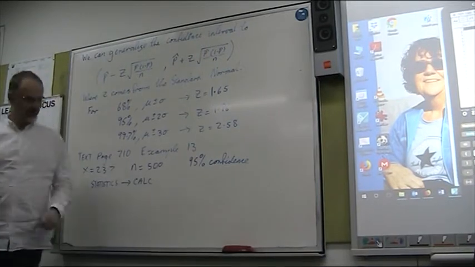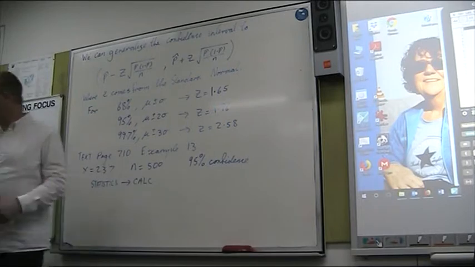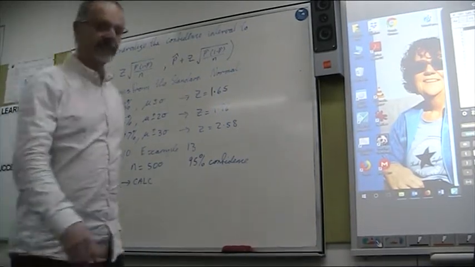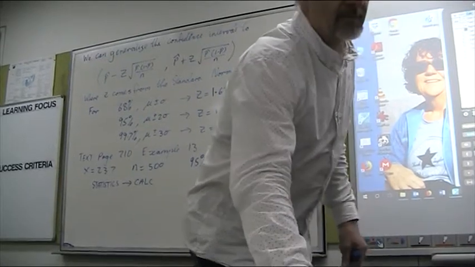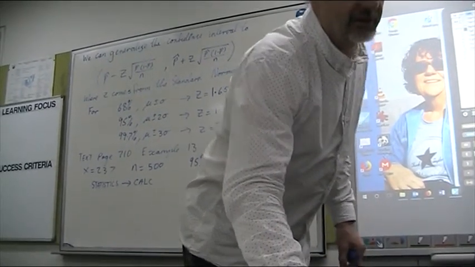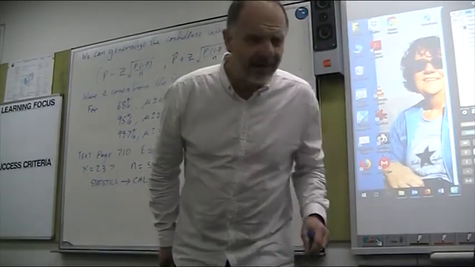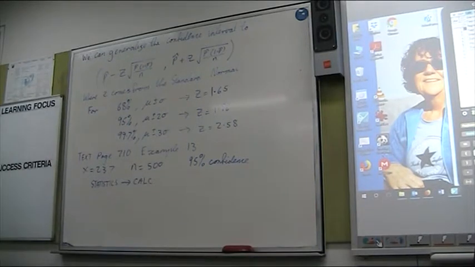So we go to calc. So we want to calculate a 95% confidence interval. So here we go, calculate. And we got a whole bunch of stuff. Test, interval, distribution, inverse distribution, dip stat, whatever that is.